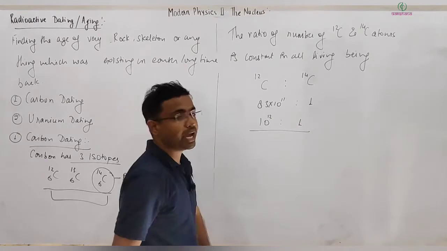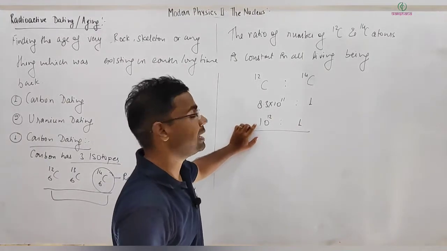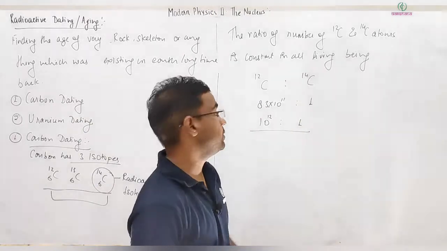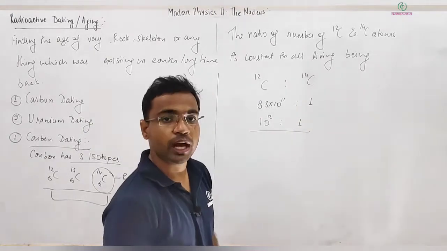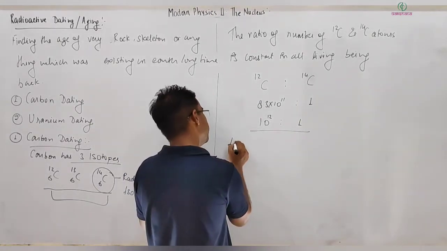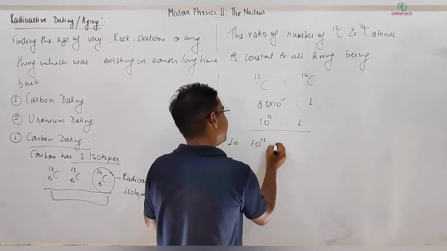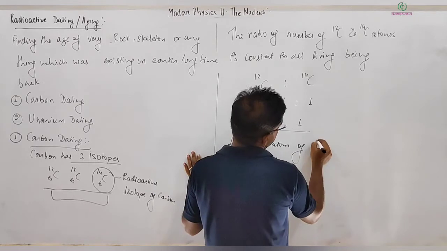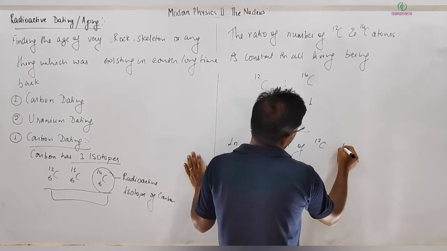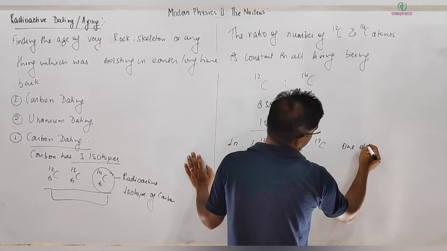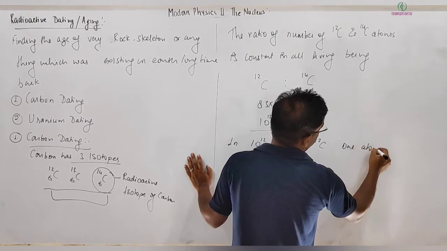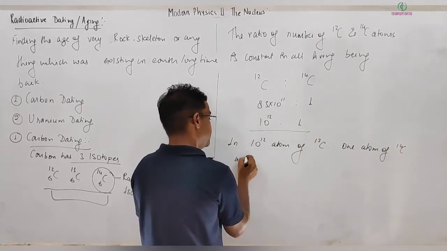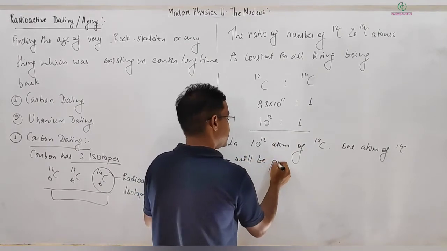That means in every 10 to the power 12 atoms of carbon 12, one atom of carbon 14 will be present.